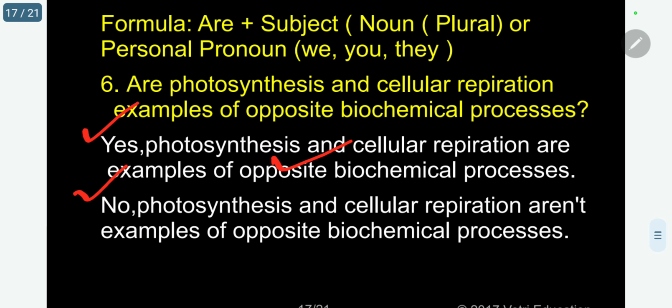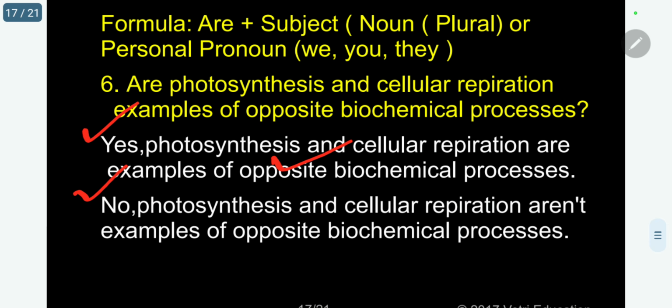Kindly follow. So logically yes is the correct answer, because during photosynthesis plants absorb carbon dioxide and emit oxygen.